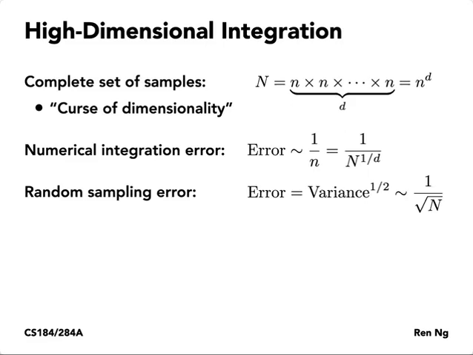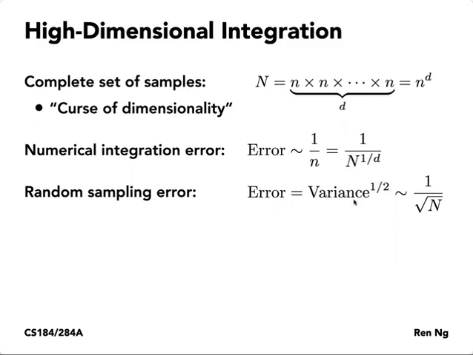Now let's contrast that with random sampling error. We're going to do random sampling estimation, Monte Carlo, of these definite integrals. Random sampling error falls in a very different manner. You can think of the error in random sampling as falling as the standard deviation of that random estimator, so it falls as the square root of the variance.